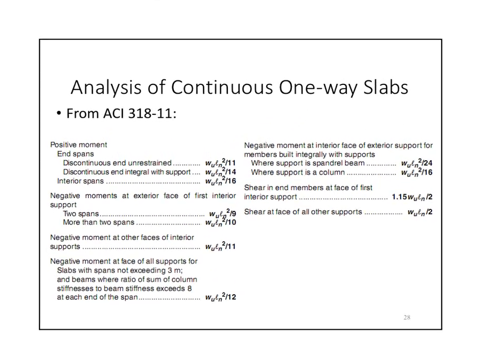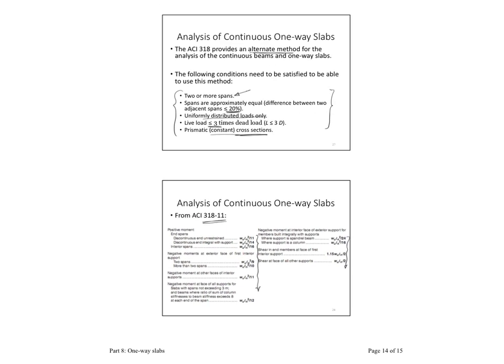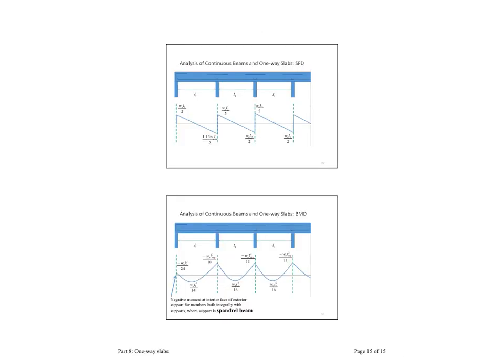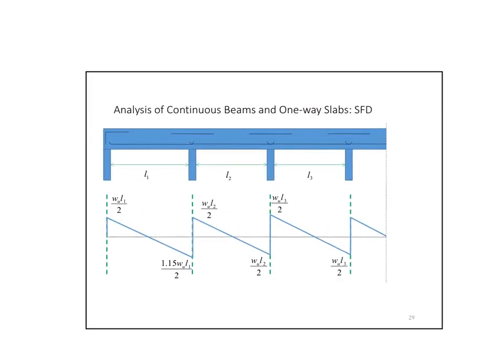Looking at this method, that's what ACI tells us. It tells us that those are the values for moments and shears, and we took the values and placed them in a much easier figure to see how they look. This is how that looks. In the shear, take the first one to be WL over 2.